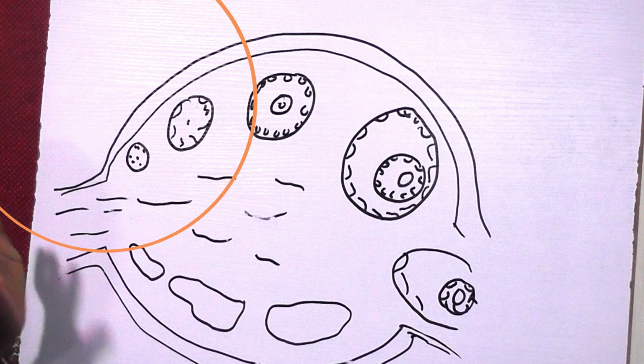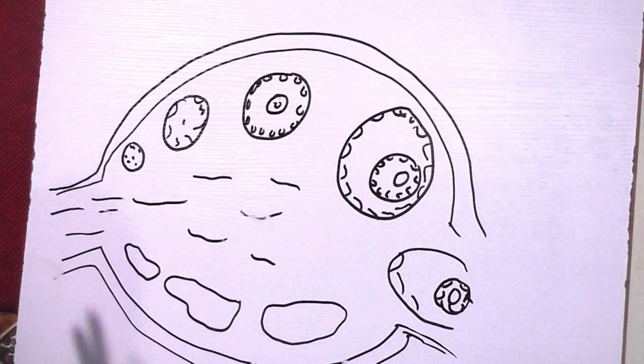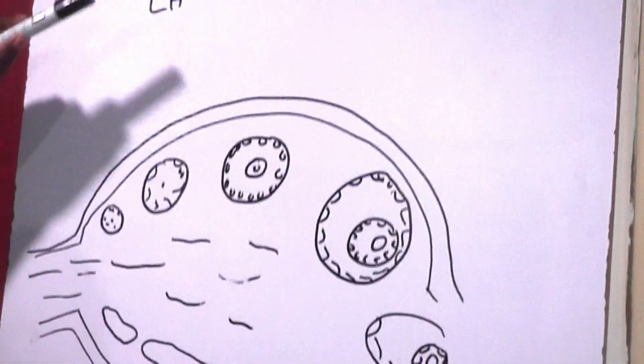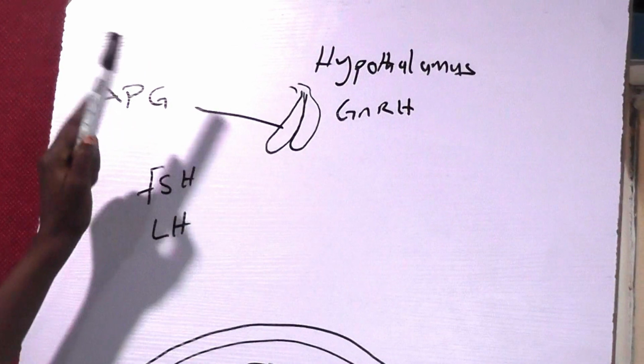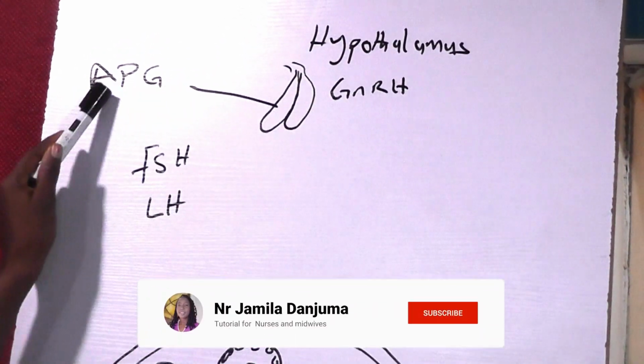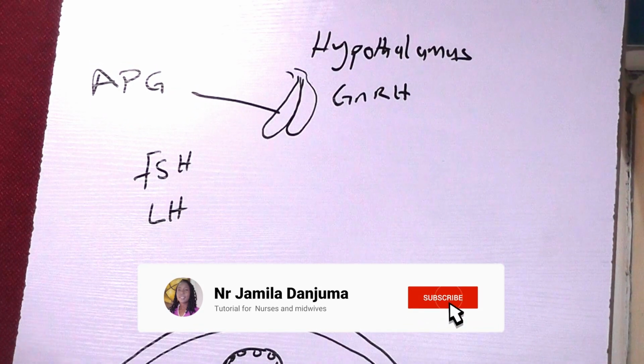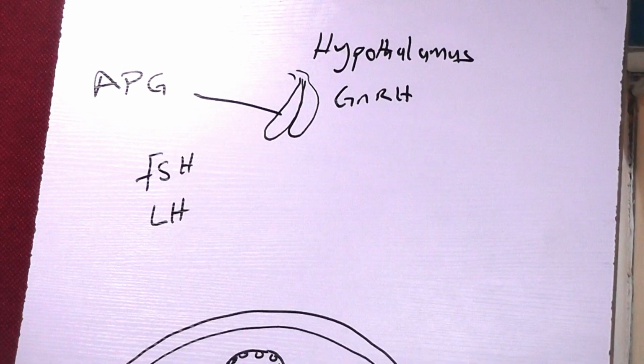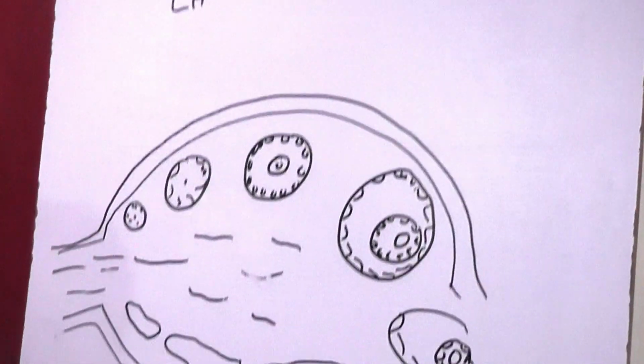The ovarian cycle is being regulated by the hypothalamus of the brain as well as the anterior pituitary gland. This is the anterior pituitary gland, and this ovarian cycle is divided into 2 phases.